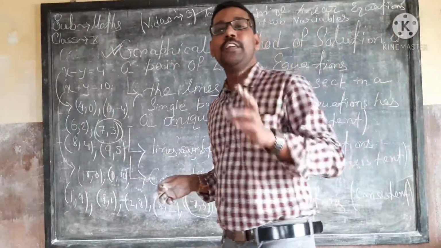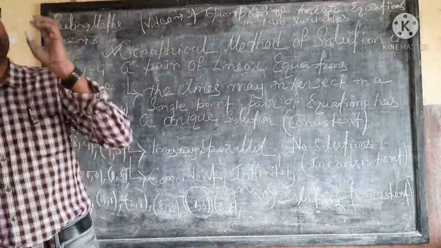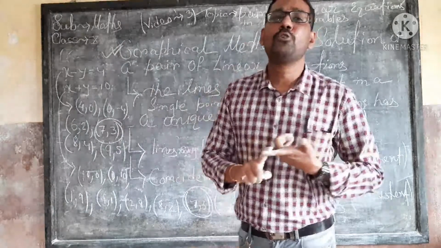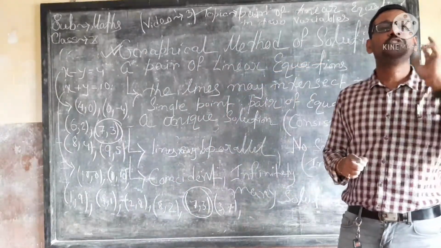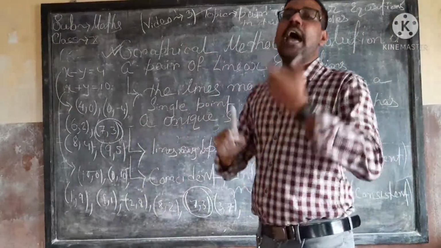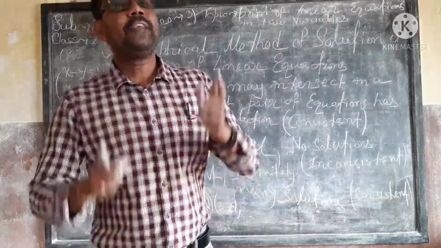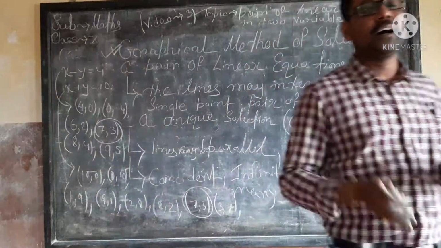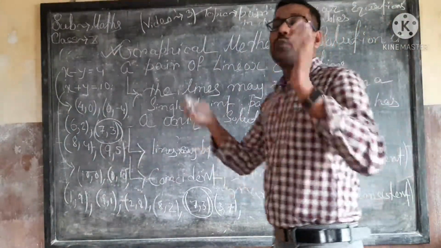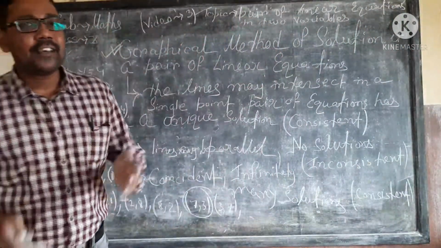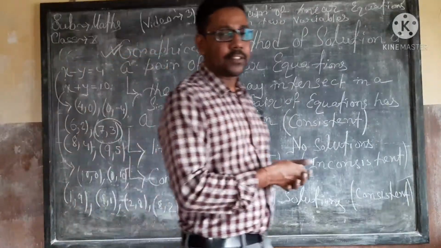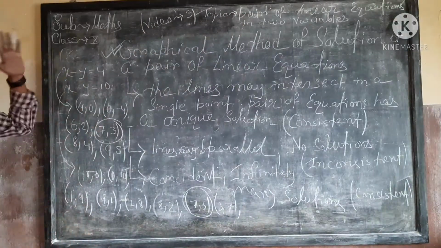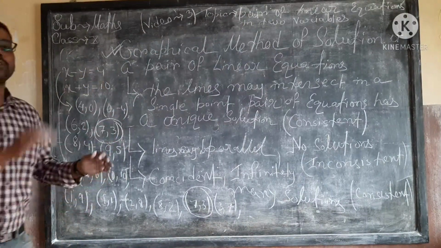These two linear equations form two straight lines, and these two straight lines also have three possibilities. The first, the two straight lines intersect each other at a particular point. The second, the two straight lines are parallel to each other, and the third, the two straight lines are coincident, that means they overlap each other. On the basis of these three possibilities, this method also gives three possible cases.